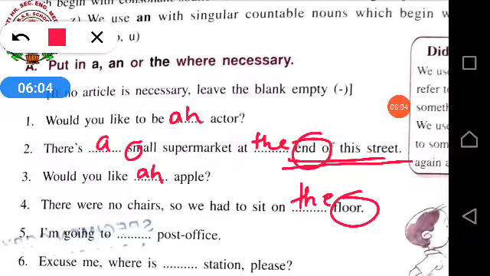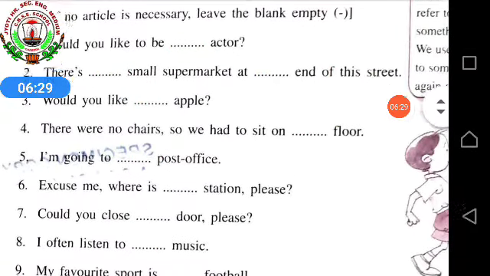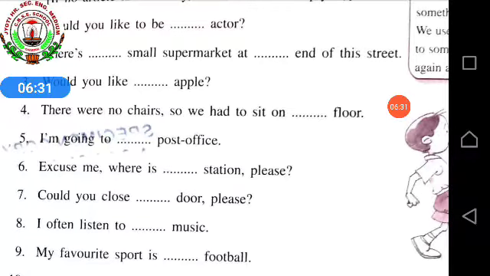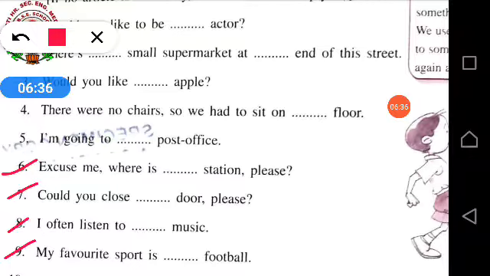In the same way, fifth one: I am going to dash post office. So here they are telling that they are going to the post office. Wherever a person is telling you about a particular place, at that time what do we have to put? The post office. In the same way, my dear children, you will be solving 6, 7, 8, 9 and 10.